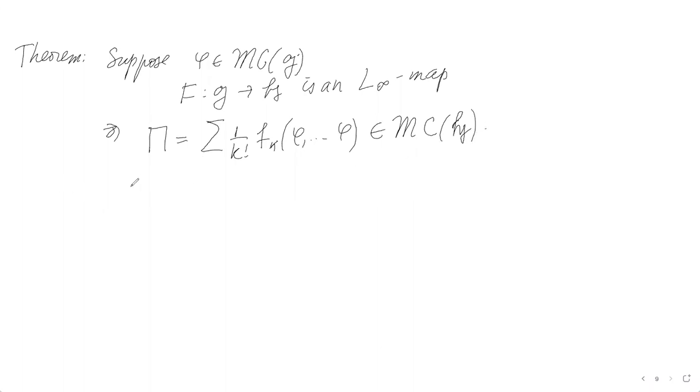This is actually a simple exercise, but let me prove this. Again, a little bit sketchy, but still. We just consider the differential of pi. It is given by the sum of 1 over k factorial. Well, of course, this formula assumes that this right-hand side converges in some sense.